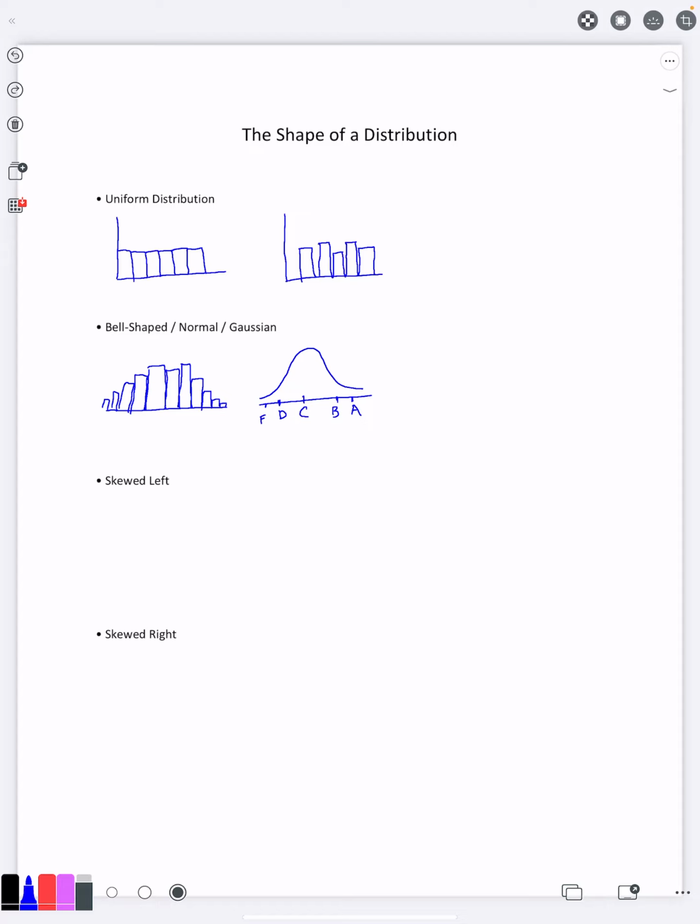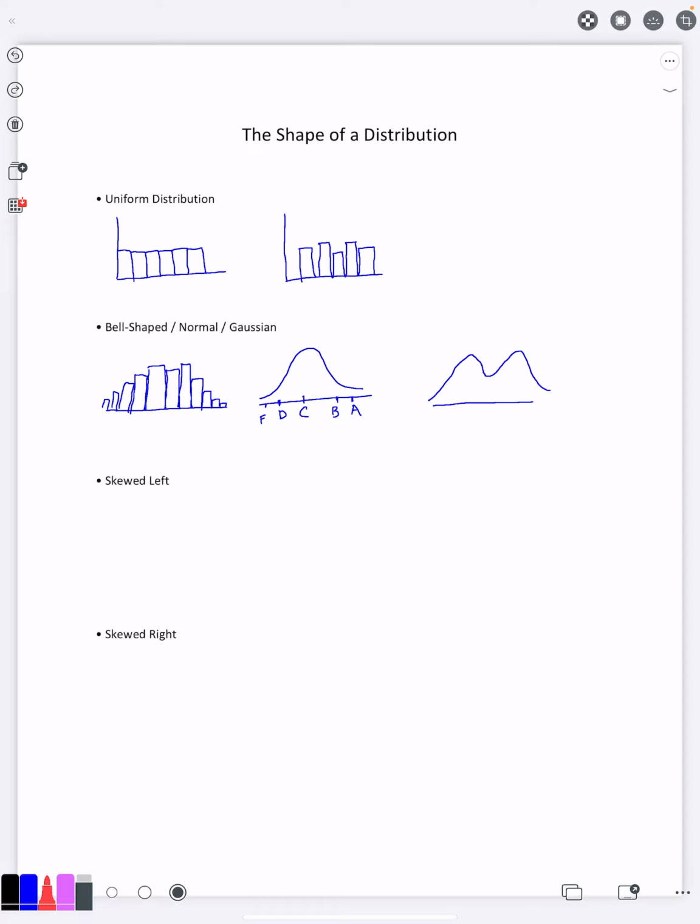If you wanted to combine adult men and women, you'd have a high point where a lot of women are around that. Maybe it's not so deep down here. And then you have another high point where a lot of the men are around that. And so it'd be a bimodal distribution.